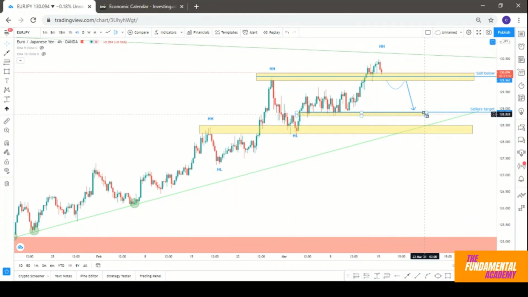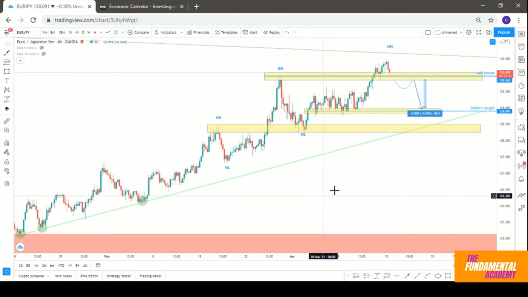We'll hit these structural lows of my seller's target. Let me just move that up. There we go. We would hit those lows, and the amount of pips that we would catch would be about 86 pips. So that is the current analysis on all these pairs.